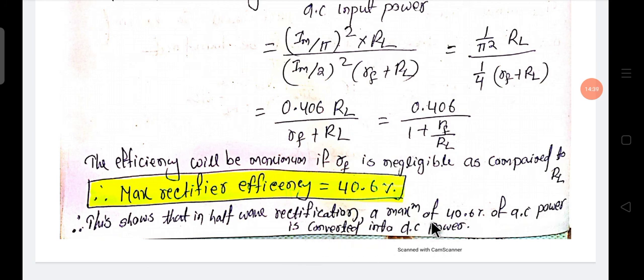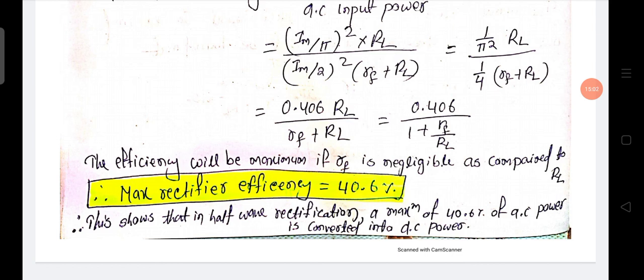That means in a half wave rectifier, the whole AC input is not rectified. Only 40.6% of the input AC power is rectified, so we lose so much of the input.